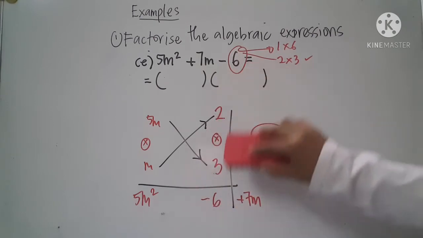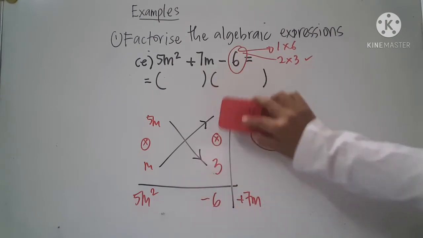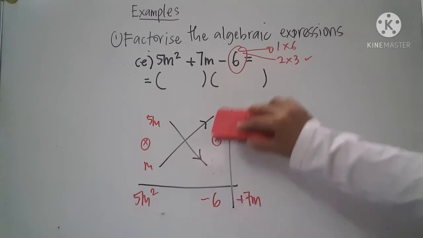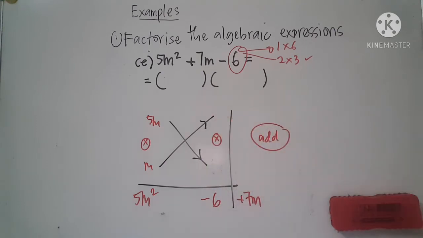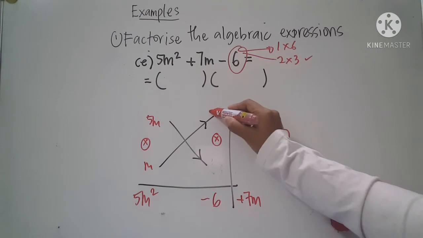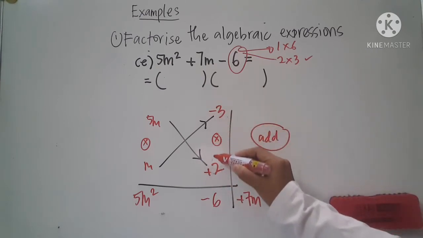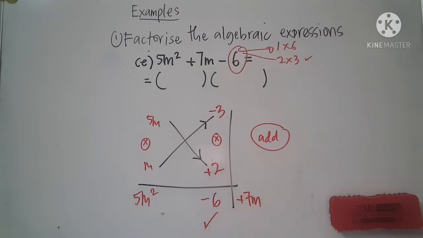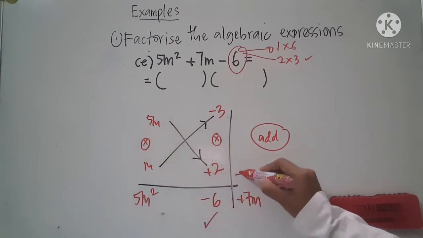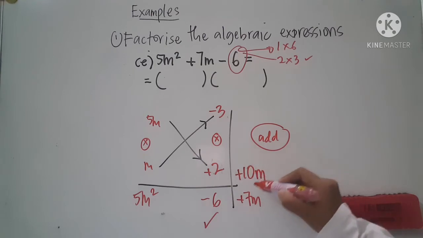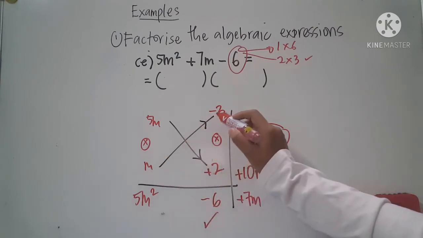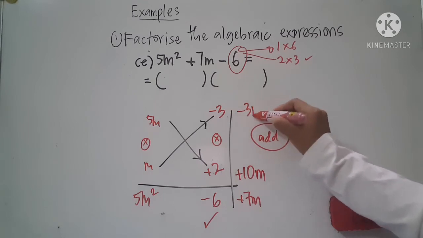Maybe the symbol or the number must be changed places. Let's say I put negative 3 here and positive 2. Negative 3 times positive 2, negative 6. 5m times positive 2, positive 10m. m times negative 3, negative 3m.